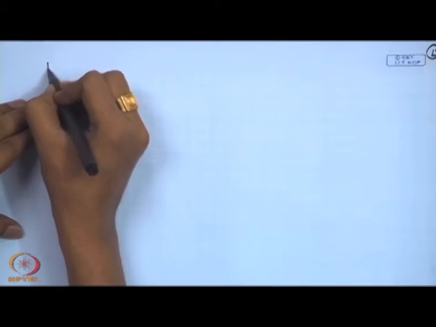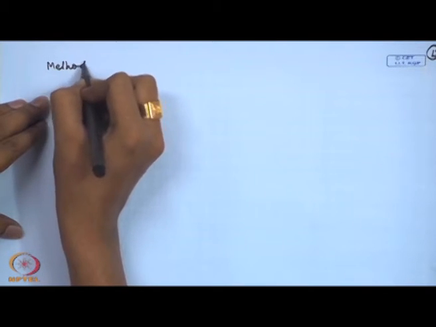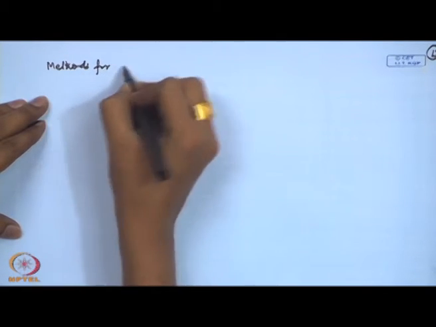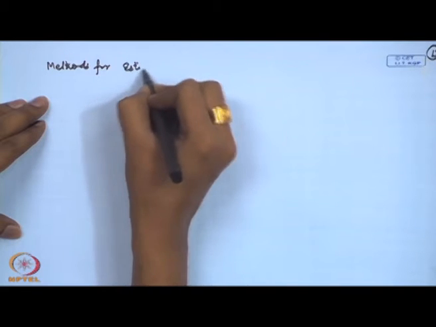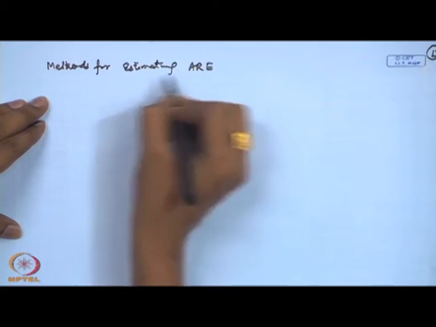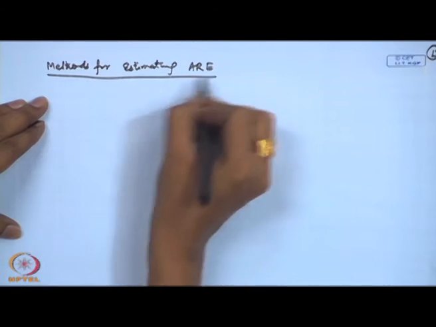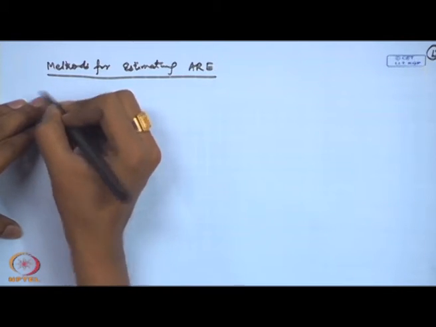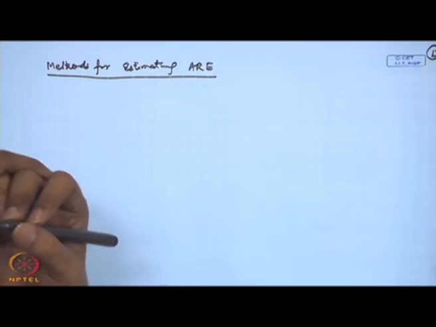Now, there are several ways of calculating the asymptotic relative efficiency. Let me briefly mention about that. Methods for estimating the asymptotic relative efficiency. So, we are having two test sequences.